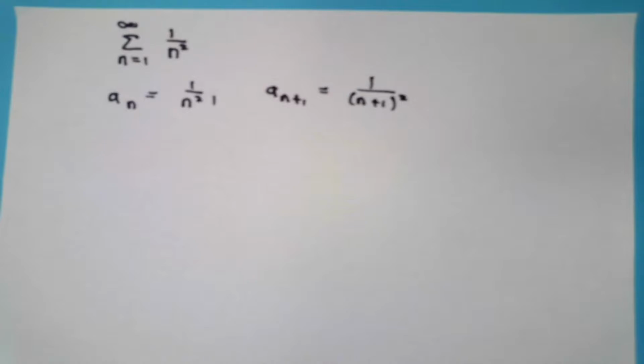Firstly, I want to look at the sum n equal 1 to infinity 1 over n squared. The term that I'm adding in that goes with index n is naturally 1 over n squared. The next one on the list would be 1 over the square of n plus 1. I want to look at the limit of the ratio of those two things.